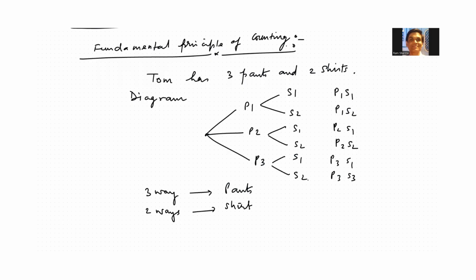If we see, you could have written this 3 into 2 is 6 pairs of possibility that Tom could have dressed with.